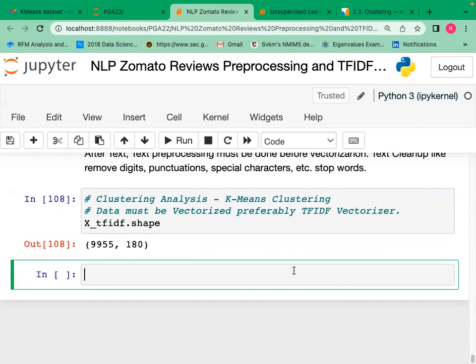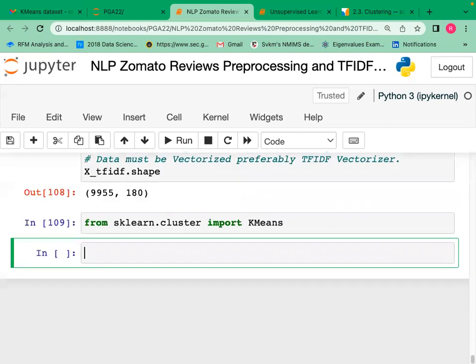Okay. From sklearn.cluster import KMeans. kmeans is equal to KMeans.